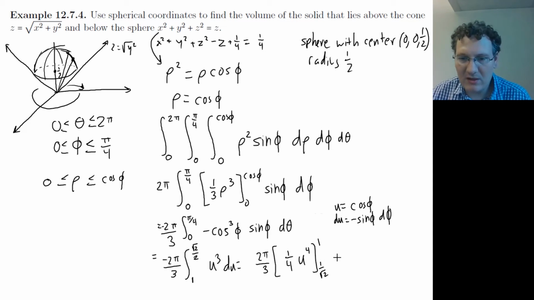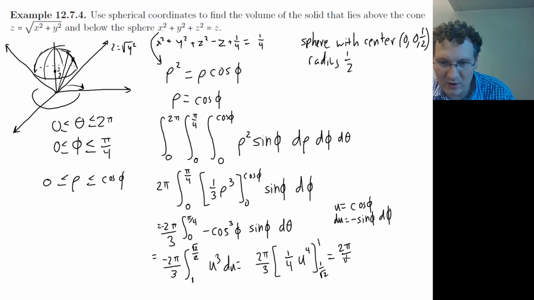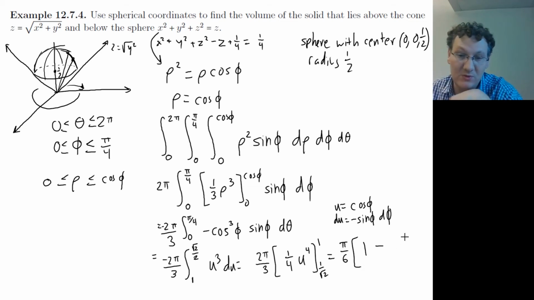What do we get when we evaluate this? We're going to have 2 pi over 3. Well, let's do 2 pi over 12. Actually, let's just take the fourth out. That's going to be pi over 6. And then we're going to have 1 minus, what's 1 over root 2 to the fourth?